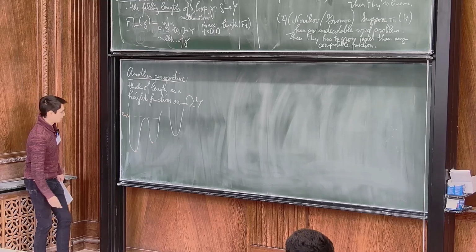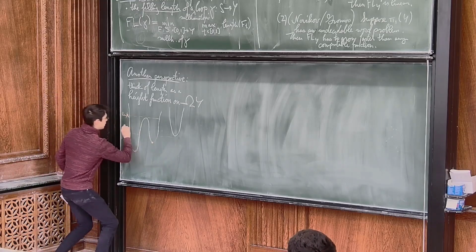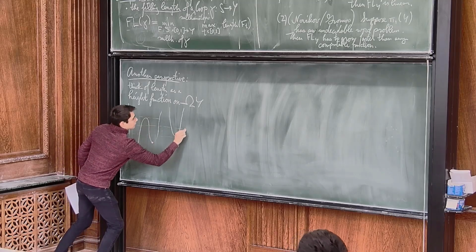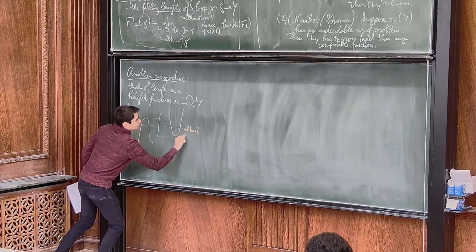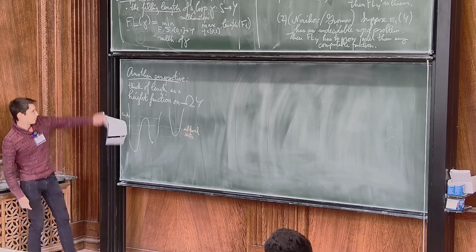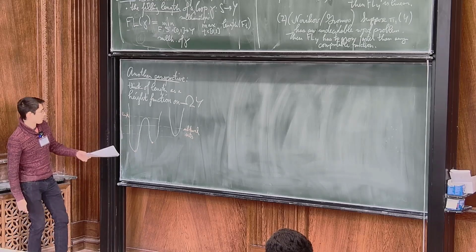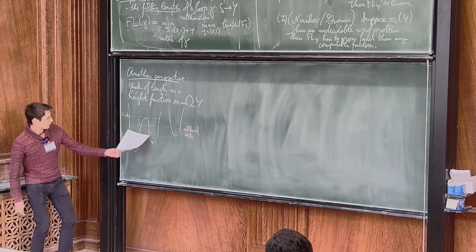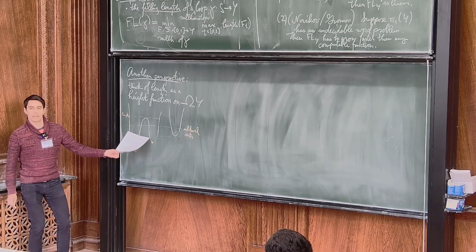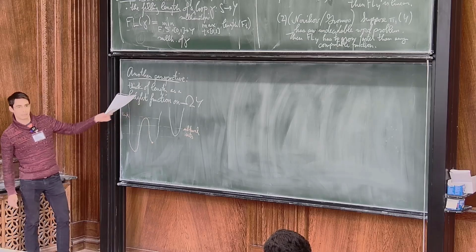In other words, as you take sublevel sets of this landscape of the length functional, you see spurious components appear, and then at some point they disappear again.